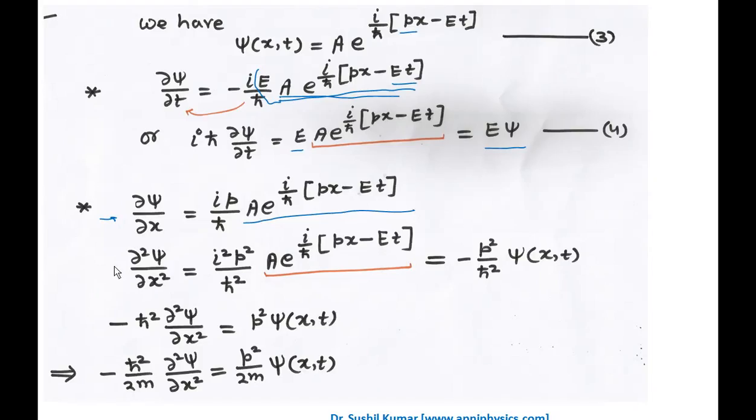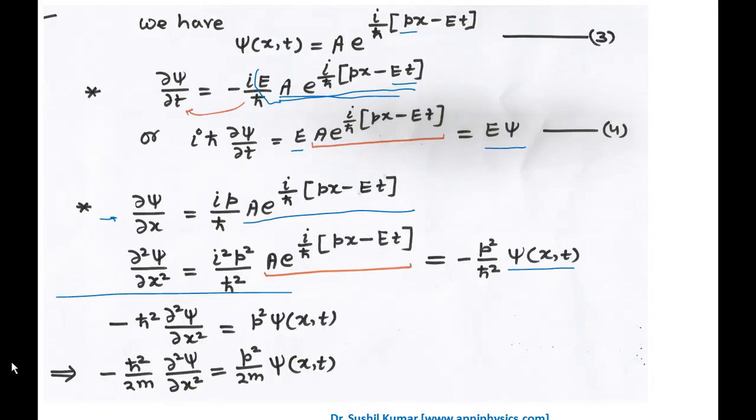The second derivative of it with respect to position coordinate x, the result becomes this i square p square upon h cross square, and where i square is equal to minus 1, so that is minus p square upon h cross square, this is our psi, so this can be written this way.